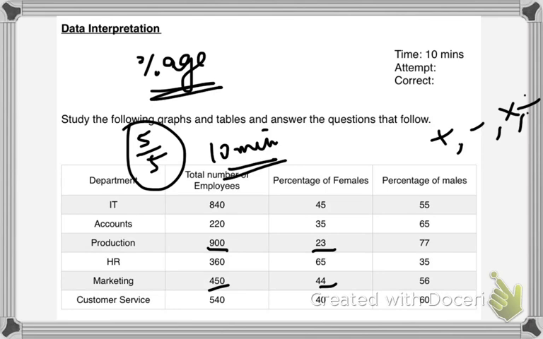There was nothing difficult in those. You just have to add and find the ratio in most of them, and apply the percentage chart in 1 or 2 questions. So this was your DI part, and let's move on to your English part now.